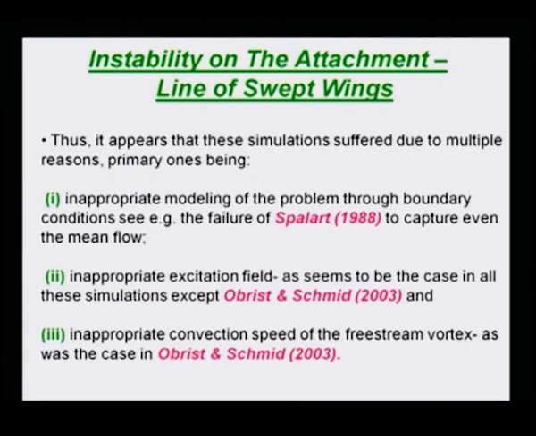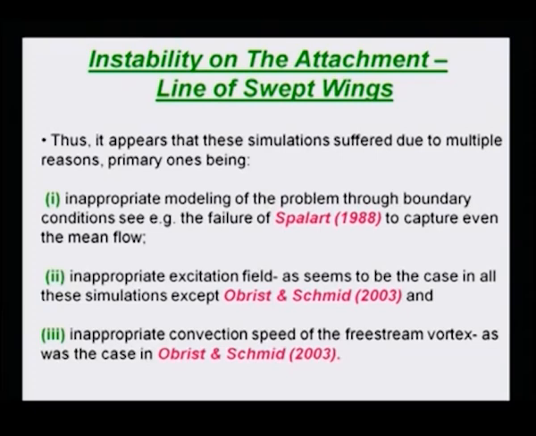Okay, so thus it appears that all the simulations suffered due to various reasons. The primary one, of course, is the inappropriate modeling of the problem through the boundary condition. For example, look at the failure of Spalart, who could not even capture the mean flow, or inappropriate excitation field, as was the case in Obrist and Schmid.